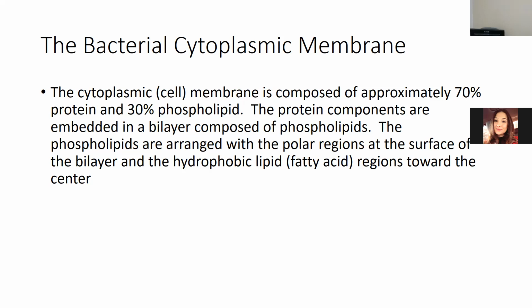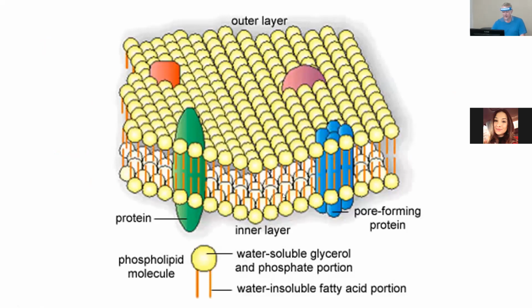Okay, good. Now you have, because we have a little list here, the phospholipid arranged in a polar region. Okay, that means they love water, and the hydrophobic lipid fatty acid that doesn't like water. So as we know, water and fat don't mix, right? So it's the same thing with this membrane that the cell has. So here it is here.